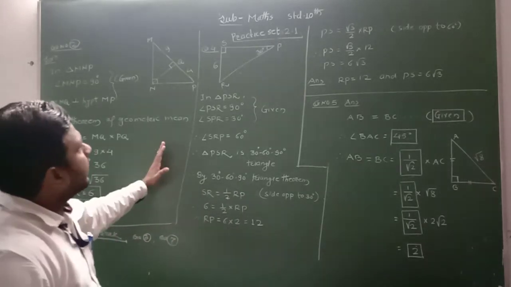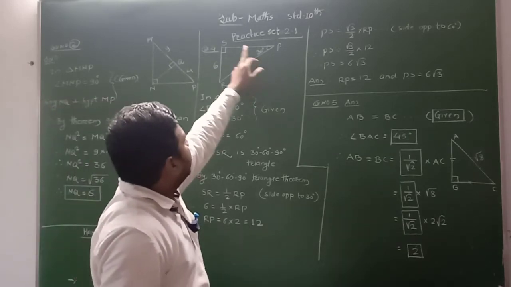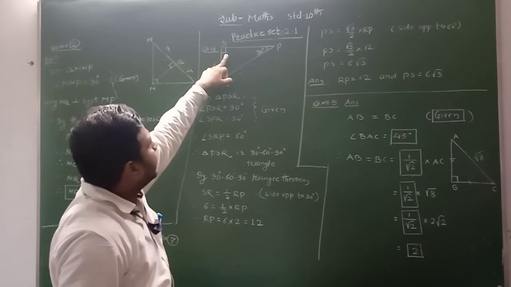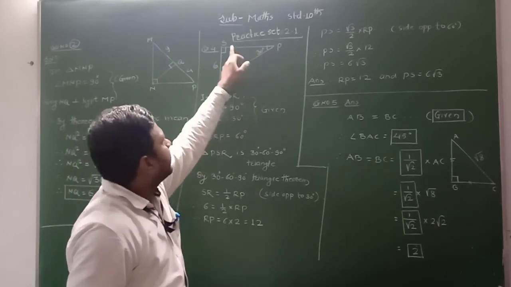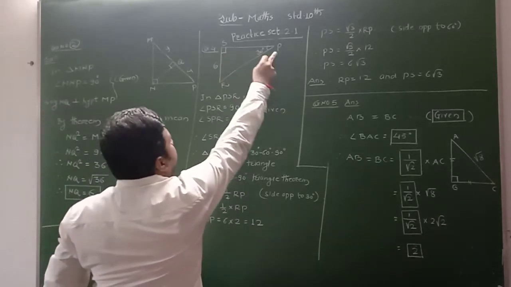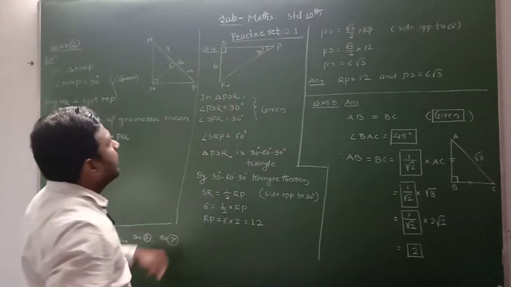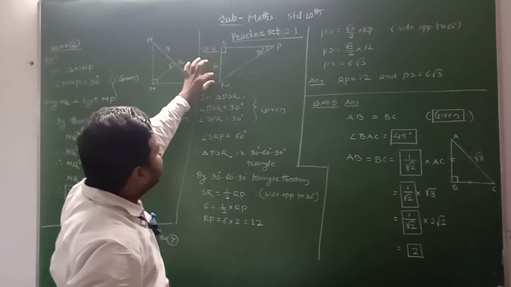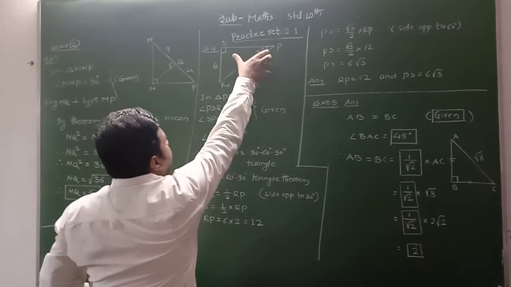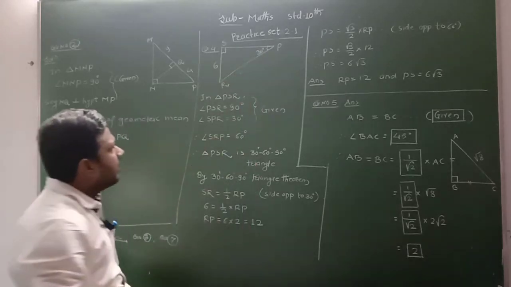See, in this figure, in triangle PSR, angle S is equal to what? 90 degrees, or we can write angle PSR is equal to 90 degrees. Angle SPR is given 30 degrees. Length of SR is given 6. Here we have to find out the value of PS and PR.